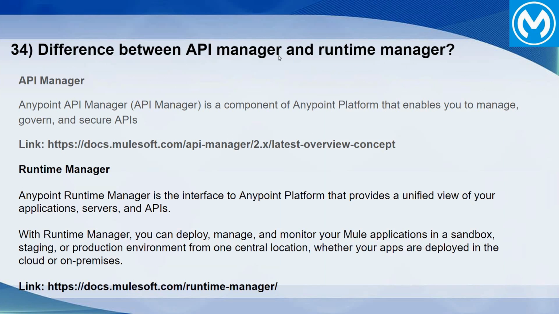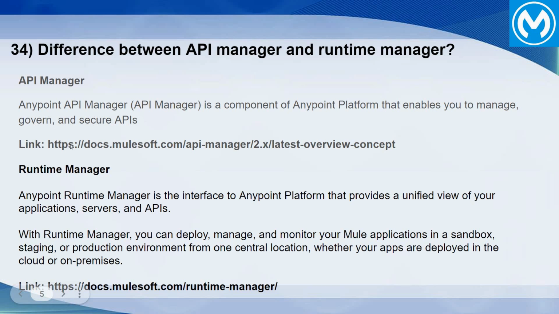Difference between API Manager and Runtime Manager. If someone asks you this question, you can simply mention what you do in API Manager, what the use of API Manager is, and when you'll use Runtime Manager. If you specify the details regarding these two, that should be sufficient. Anypoint API Manager is a component of Anypoint platform that enables you to manage, govern and secure APIs.